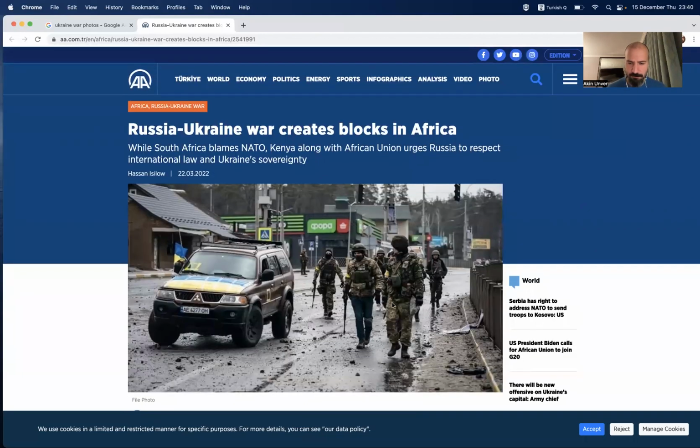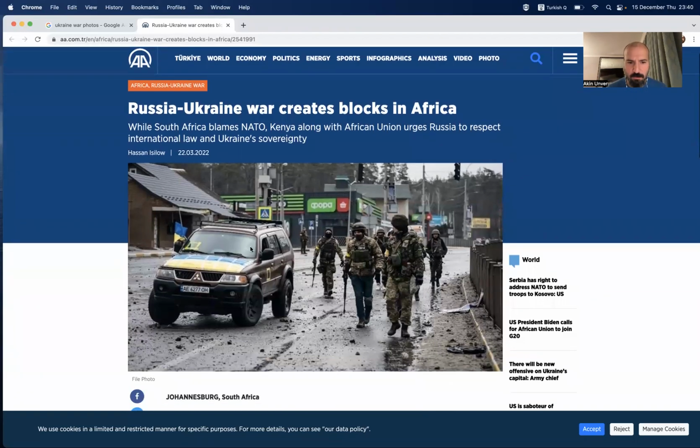But this image is not about Africa. It's actually about Ukraine. The way I can tell this is from Ukraine is that the car has a Ukraine flag. As you can see, there's a Ukraine flag in the car as well.